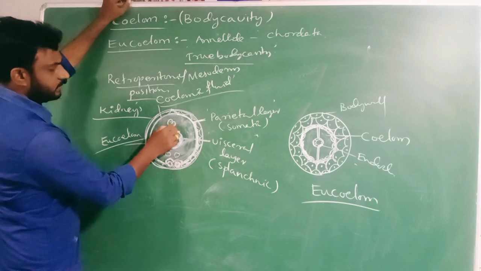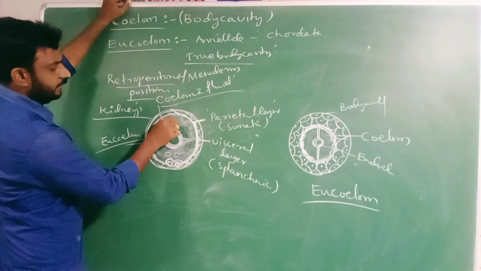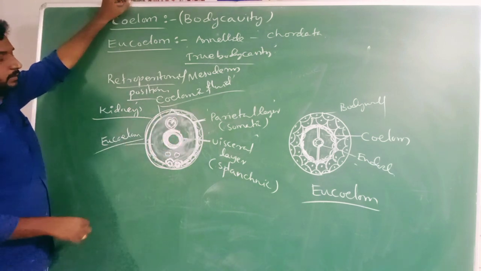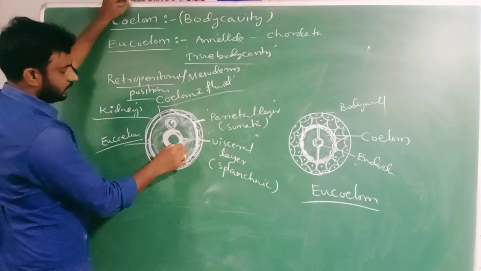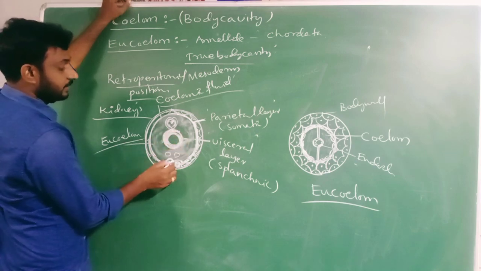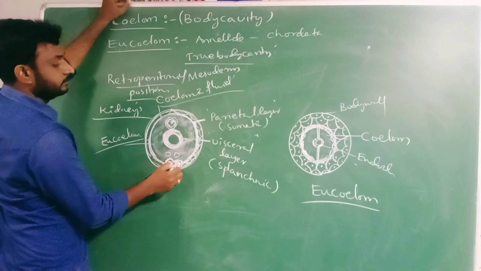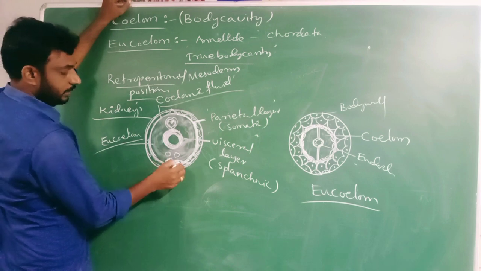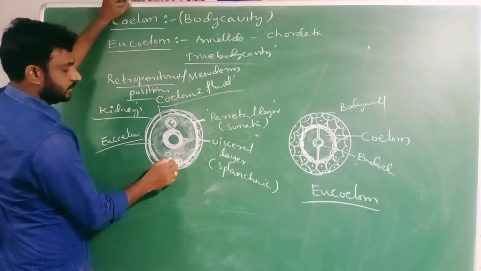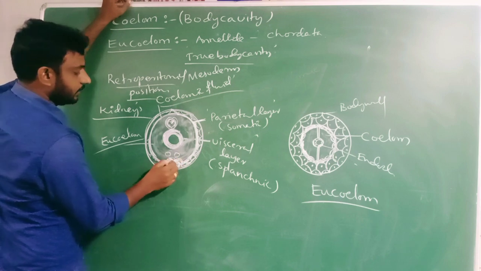For example, the heart is totally present in this cavity and is totally covered with a layer. The alimentary canal is also covered with a layer, that is the visceral layer. But the kidneys are covered with the layer only at one side, not both sides, not totally. Only at one side does the outer parietal layer cover the kidneys.